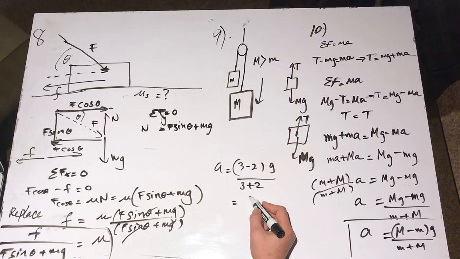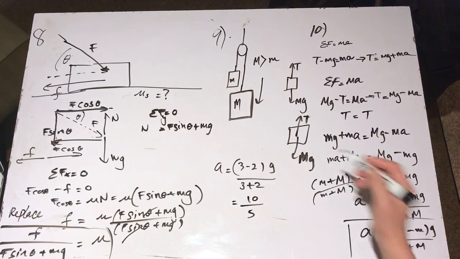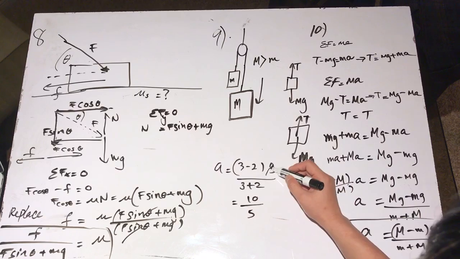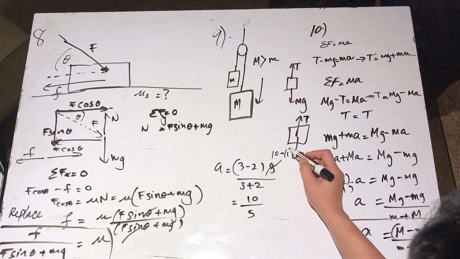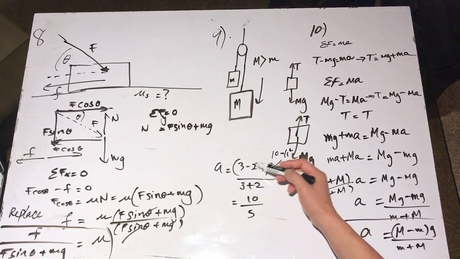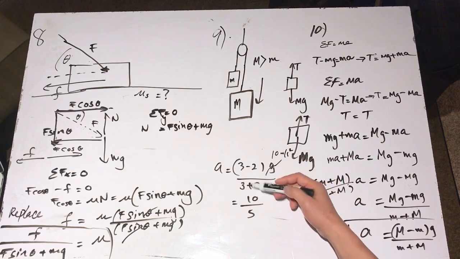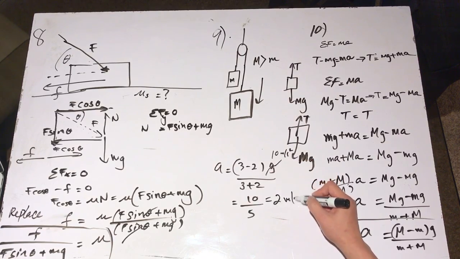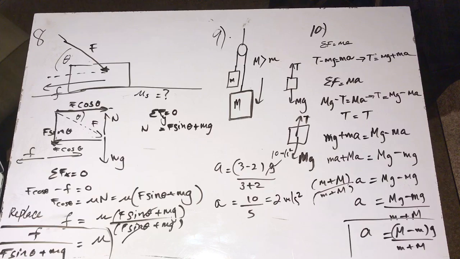Basically, because I'm just going to replace g by 10 meters per second squared, 3 minus 1 is 1, times 10 is 10, divided by 5, so that's 2 meters per second squared. That is your acceleration for question number 9.